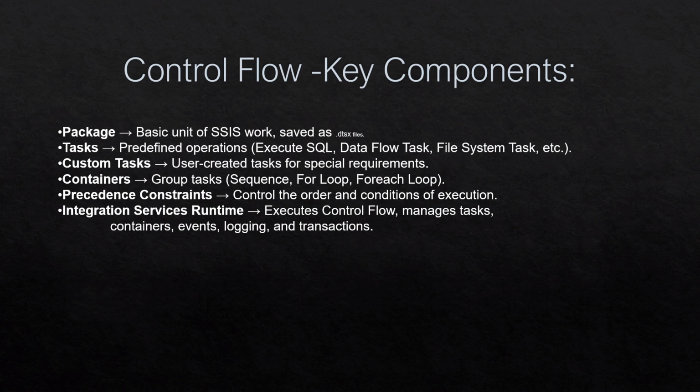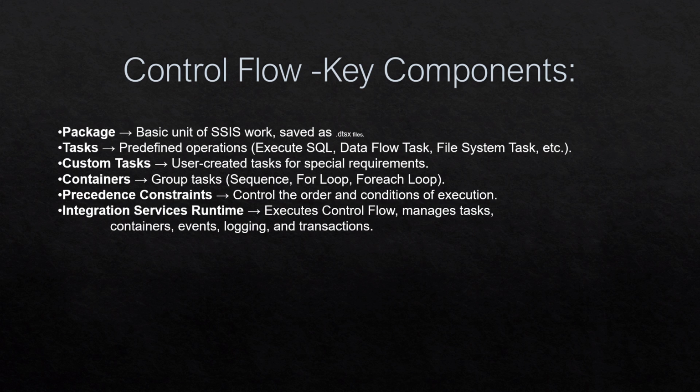So these are the definitions of the main components. Control flow has these key components. Package is the basic unit of work in SSIS, saved as a .dtsx file. Tasks are the predefined operations. Custom tasks are the user created tasks for complex requirements.